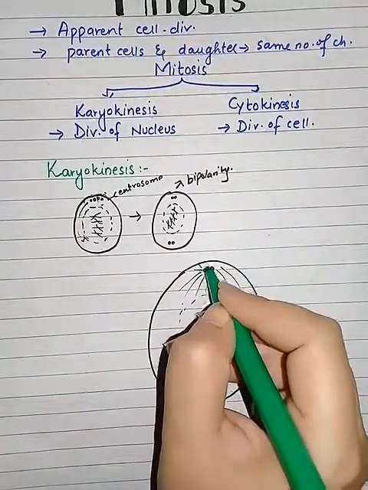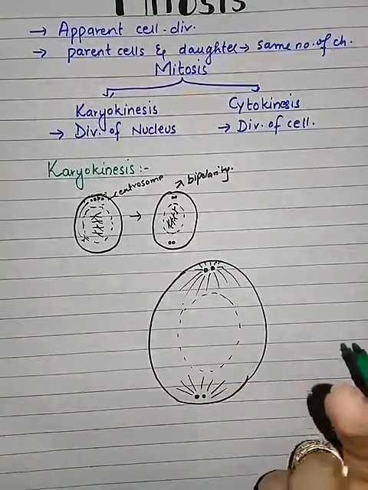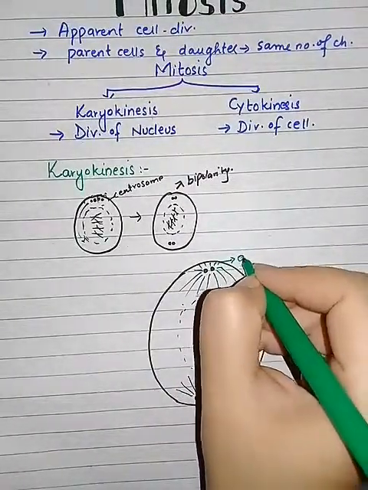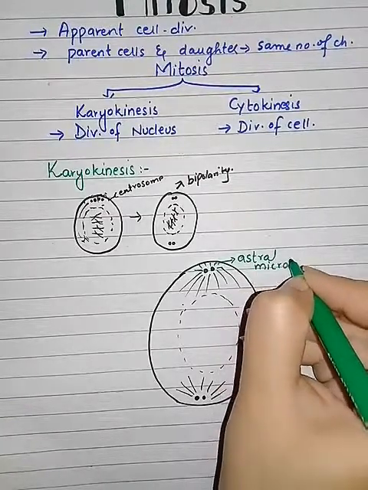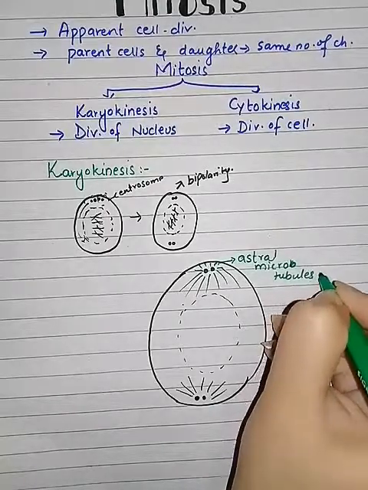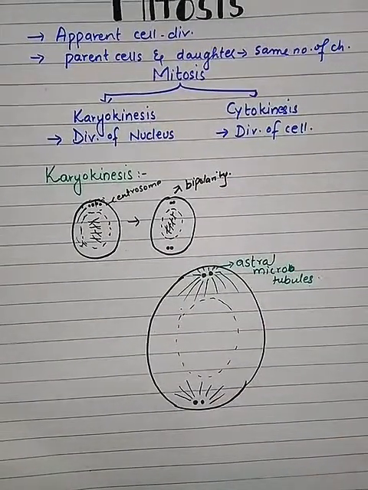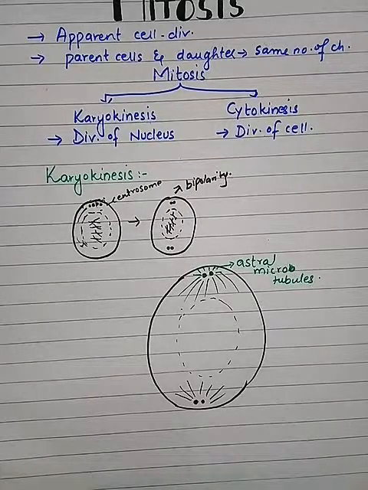There are some microtubules which are not related to the handling of chromosomes, so these are known as astral microtubules, because they do not contain the kinetochore connecting proteins, so they will form the aster.